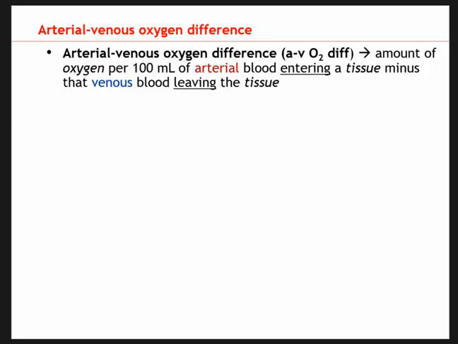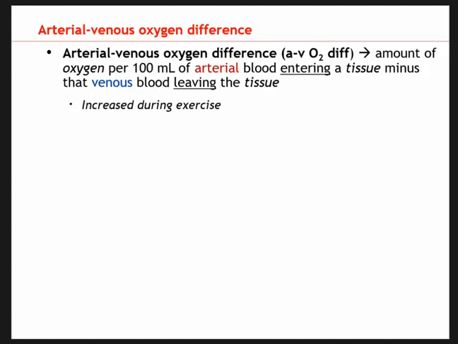This blood is deoxygenated. So to get AVO2 diff, you take the difference in oxygen content between the arterial and the venous blood. So this basically tells us how hard our body is working during exercise and how much oxygen our muscles are taking out of the blood passing over it. So AVO2 difference is increased during exercise.